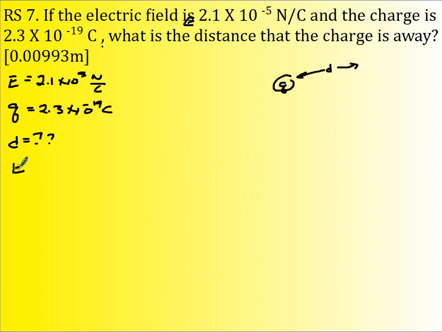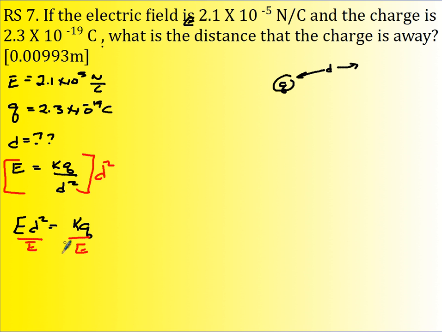Now I know E is KQ over D squared. So we need to solve this for D. First we have to get D out of the denominator, so we multiply through by D squared. So E D squared is KQ. Now I need to get E to the other side because it's being multiplied, so I'm going to divide it.